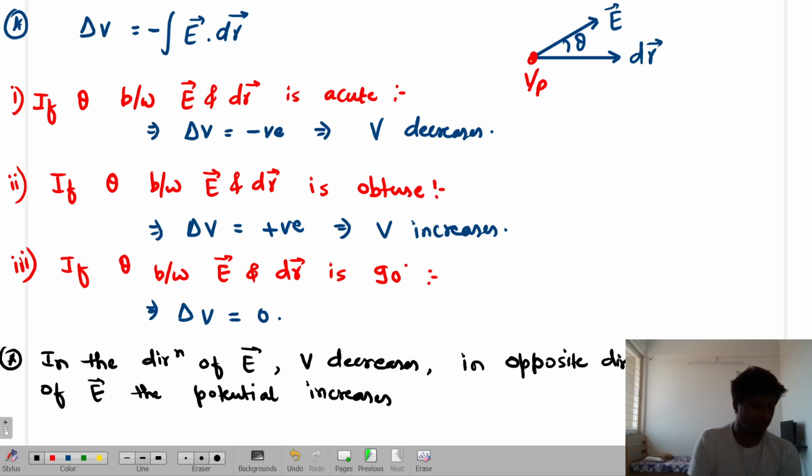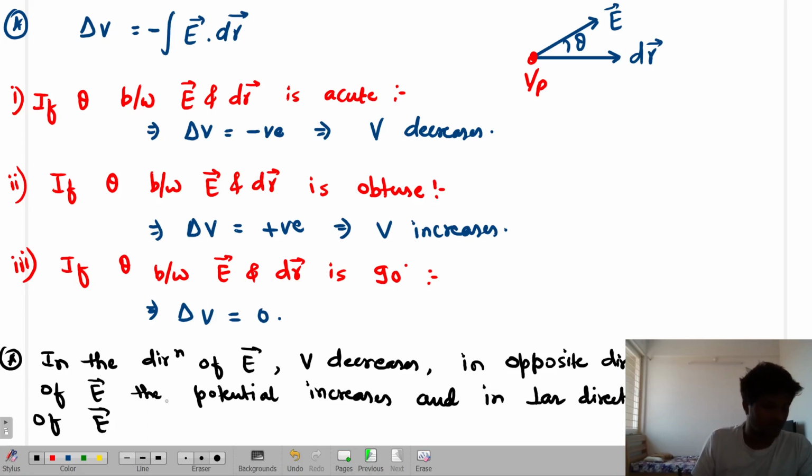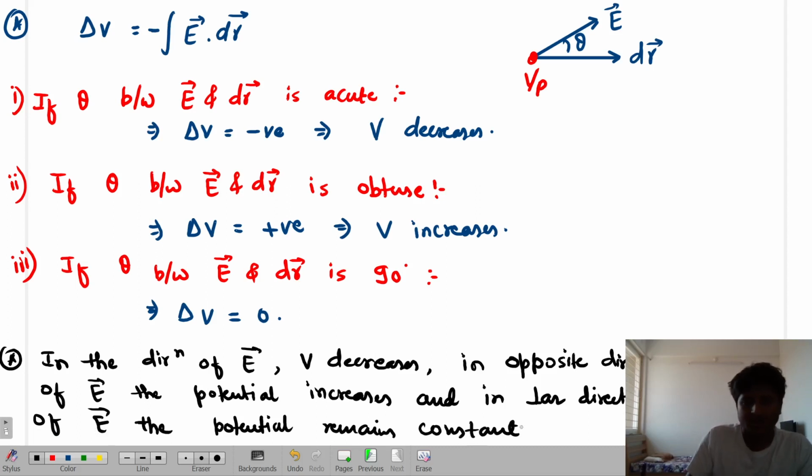And in the perpendicular direction of electric field, the potential remains constant.